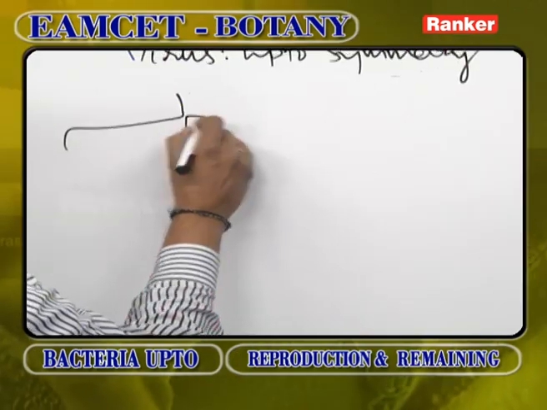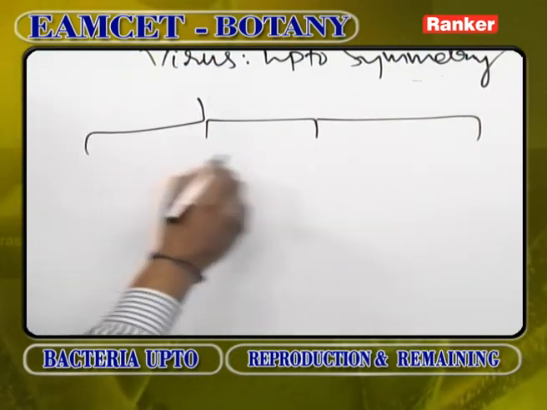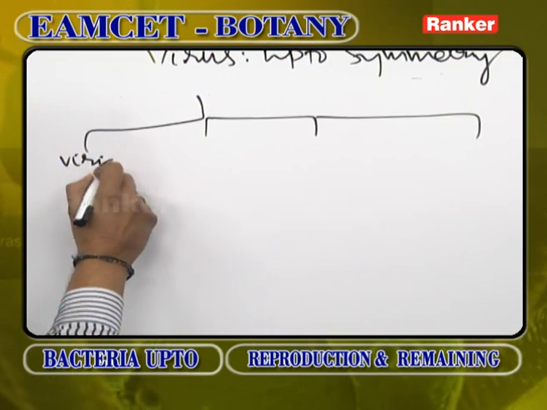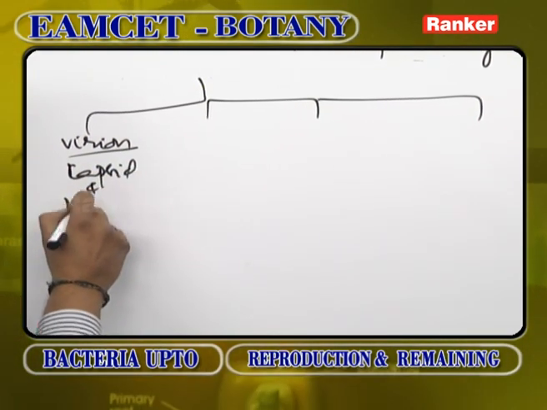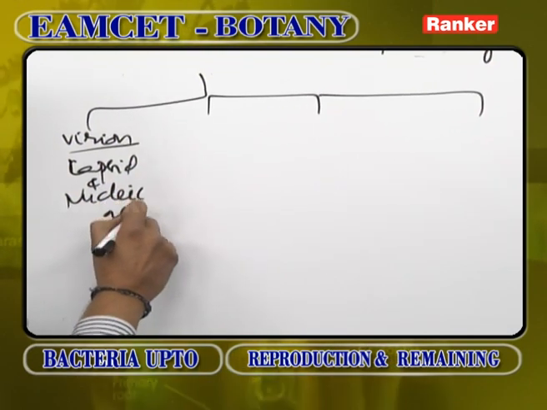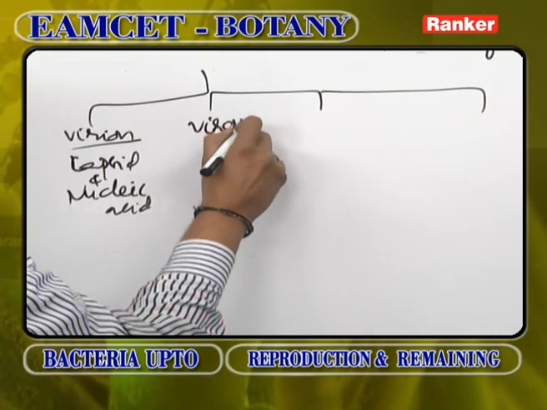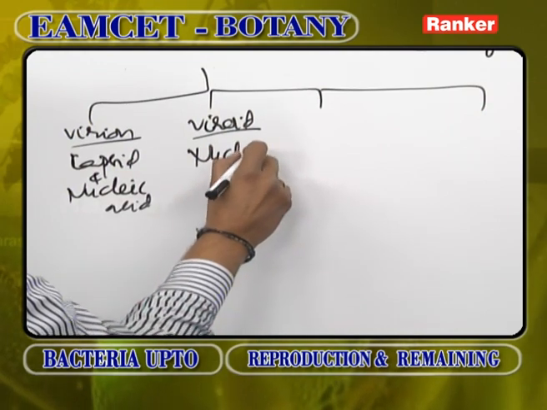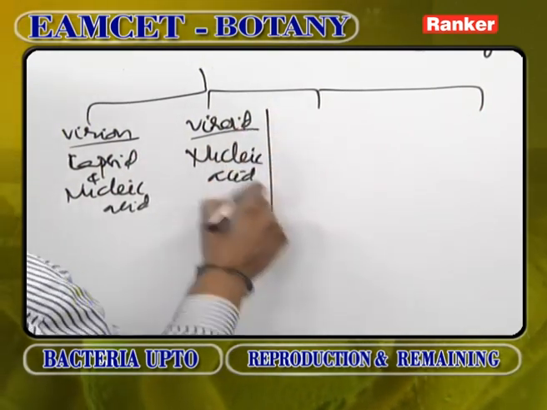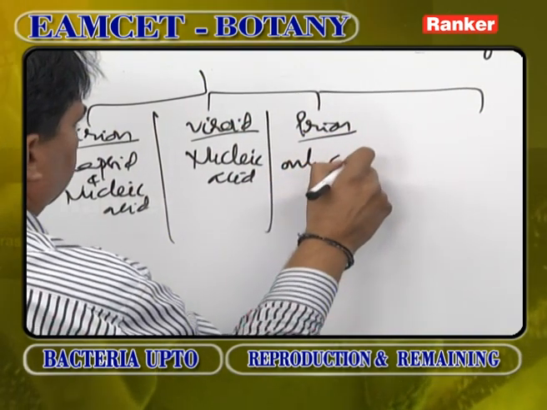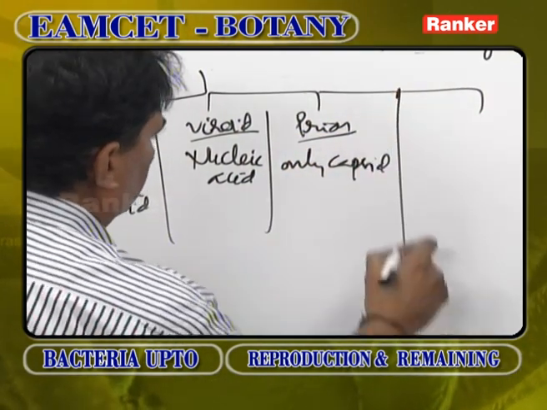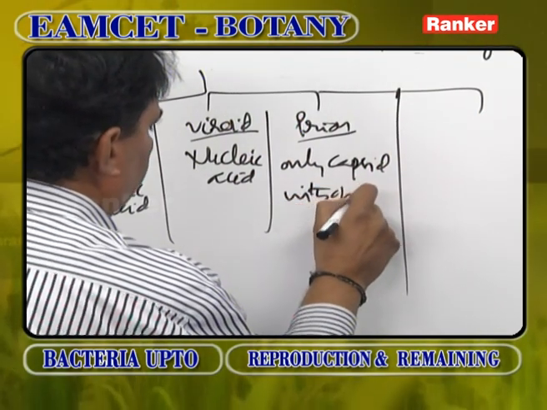Viruses based on genetic material are divided into 4 types. One is virion, which has capsid protein coat and nucleic acid. Viroid has only nucleic acid without coat. Prion has only protein coat without nucleic acid.